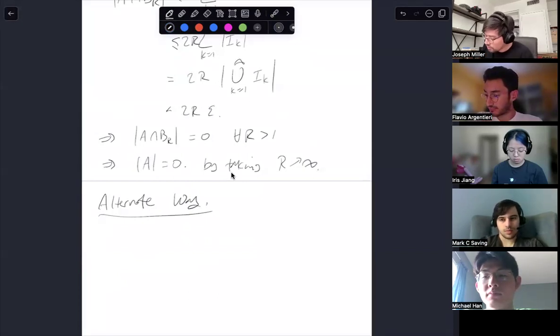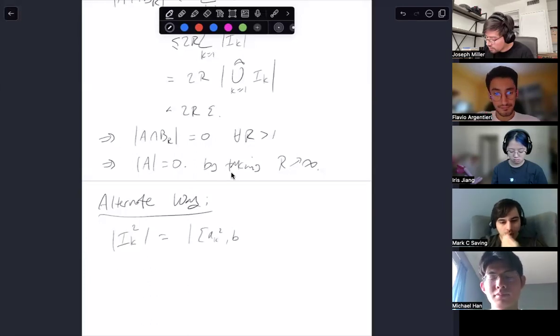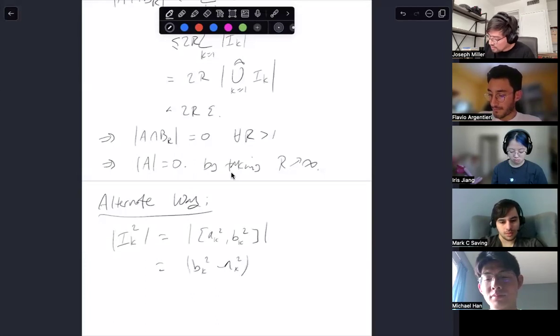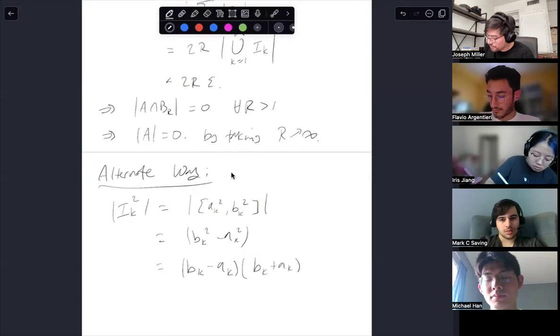So the alternate way is if I look at Ik squared, look at this measure, this is going to be ak squared, bk squared, which is the difference of these squares, bk squared minus ak squared. And what you can end up noticing is that it factors: bk minus ak times bk plus ak.